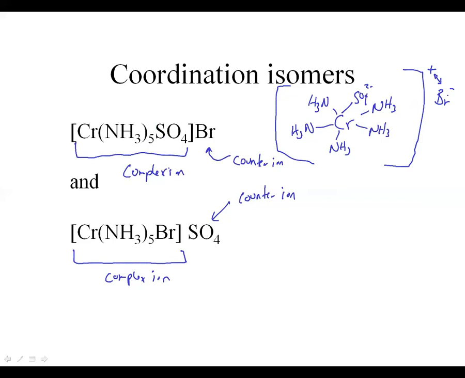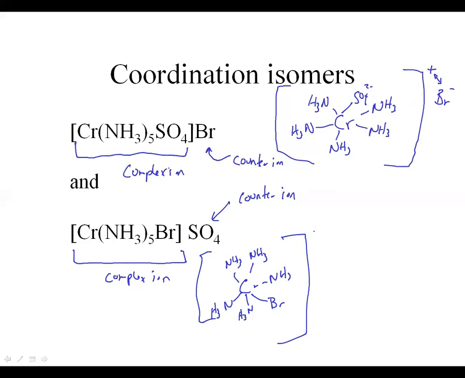That's different than the bottom one, which also still has our 5 NH3s. And what it has, though, is the Br actually attached to the complex ion part. Again, here, the overall charge on this guy would actually be +2.